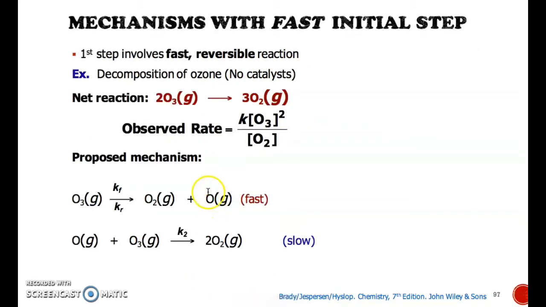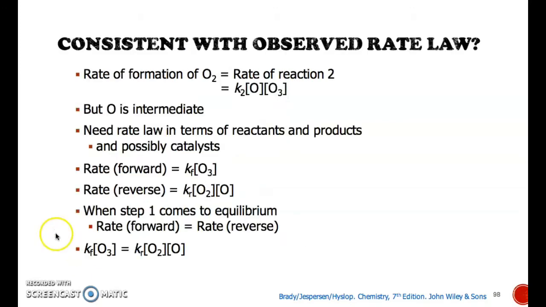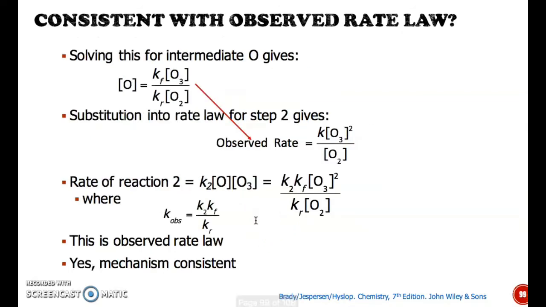O here appears as a product and also is used as a reactant. So this is the rate forward and this is the rate reverse when step 1 comes to equilibrium. So the rate forward is equal to the rate reverse. And this is how you solve for the intermediate O.